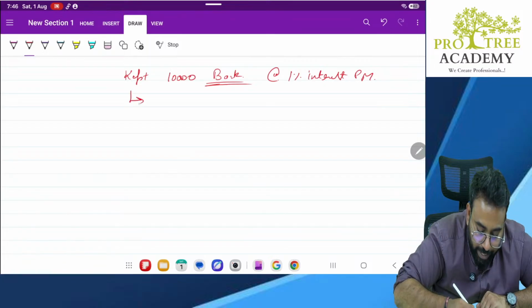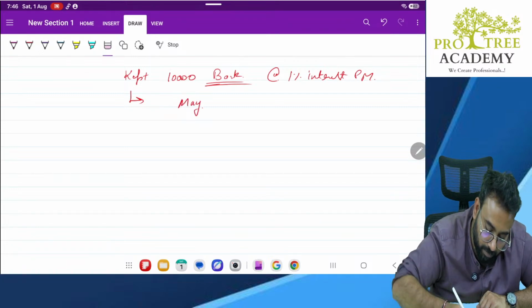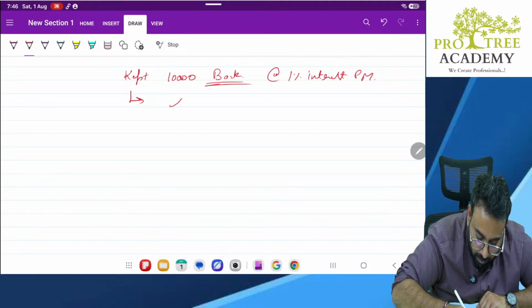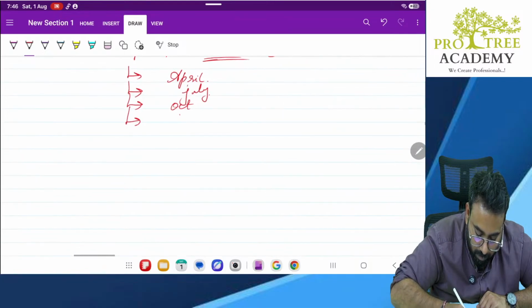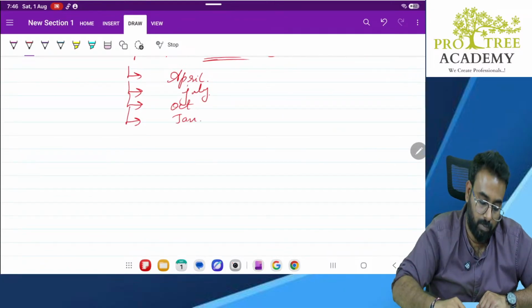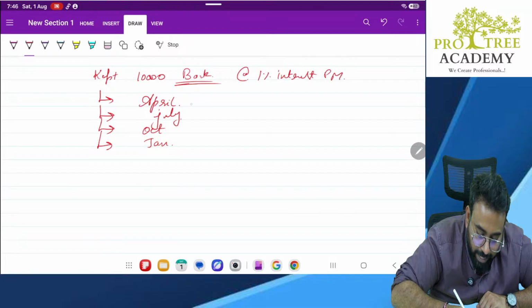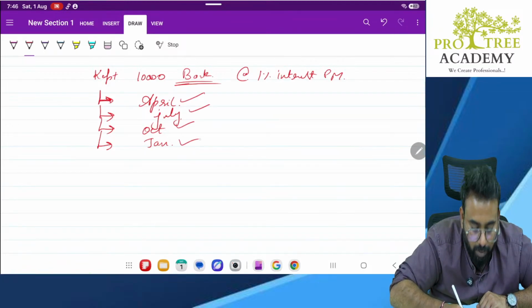But the bank will pay interest only four times a year: April, July, October, January.